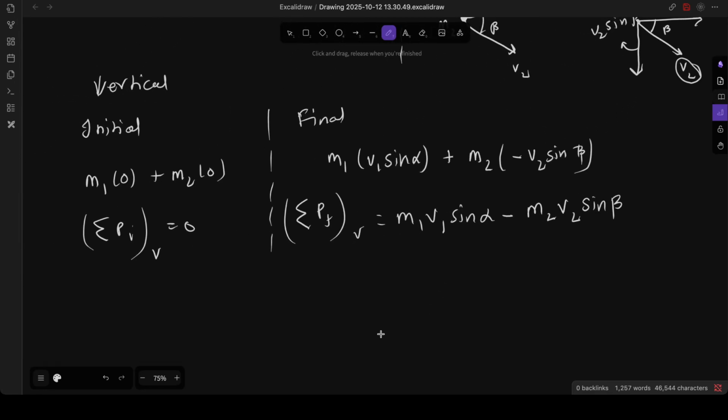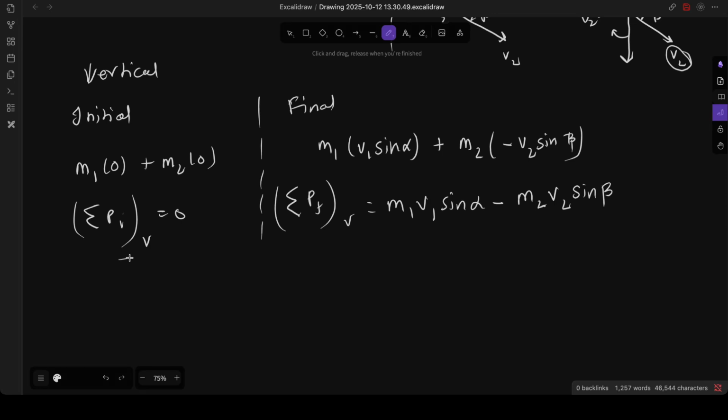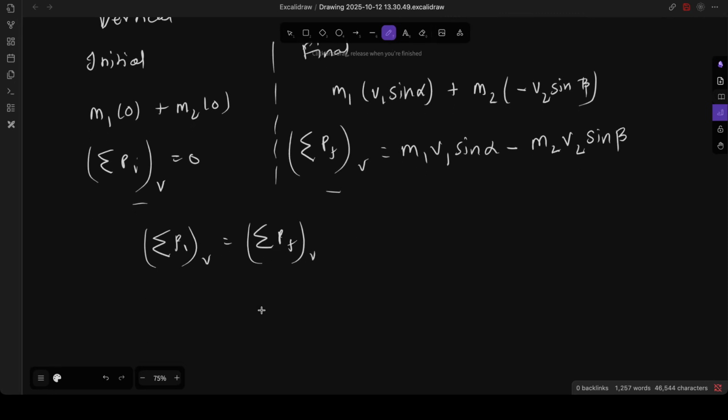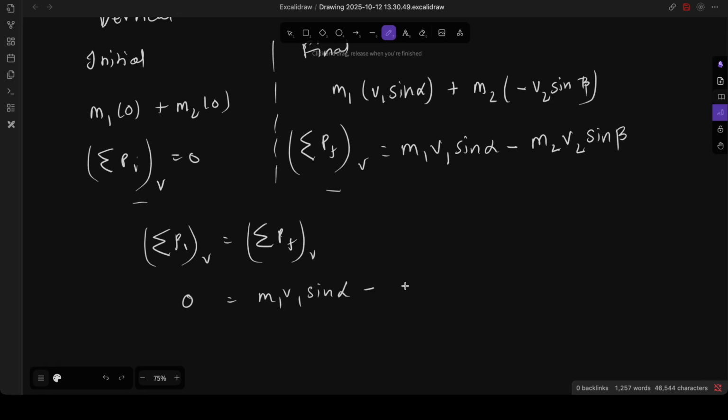And as I said, we have to apply the conservation of momentum. So we have the sum of initial and the sum of final. Conservation of momentum says the sum of initial should be equal to the sum of final. I'm using only the vertical component, so it would be 0 equals m1 v1 sin alpha subtracted by m2 v2 sin beta.